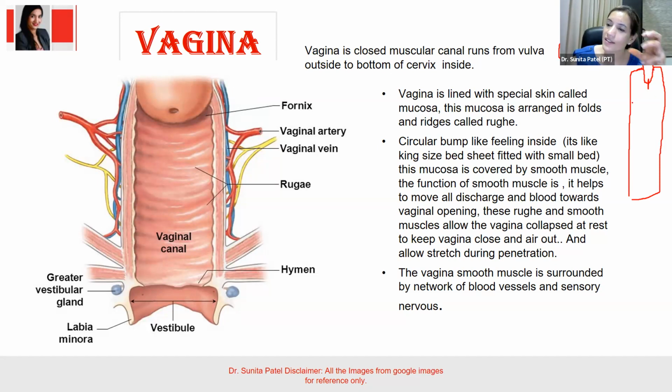So it's a canal, it's a kind of long tube. And on this whole long tube, there are 4 walls of the vagina: anterior wall, posterior wall, and 2 lateral walls, so side walls. Let me show you.